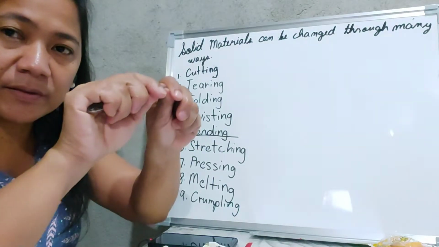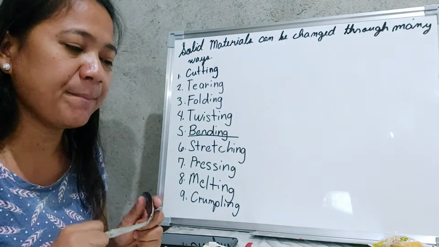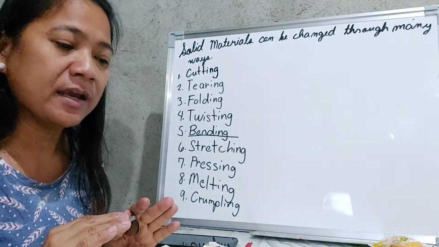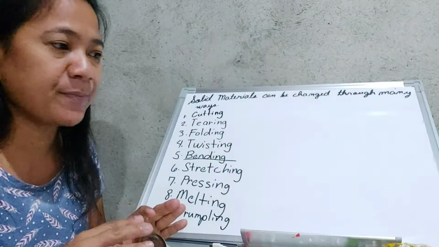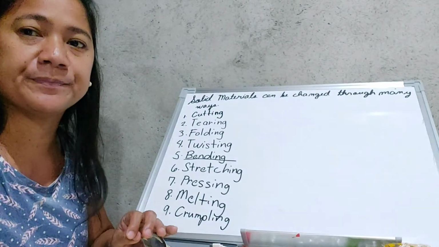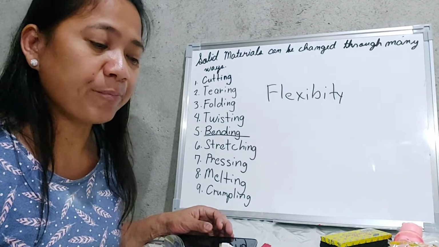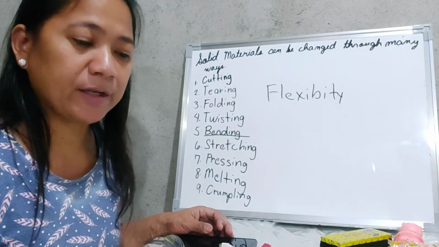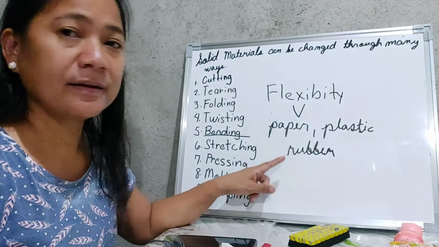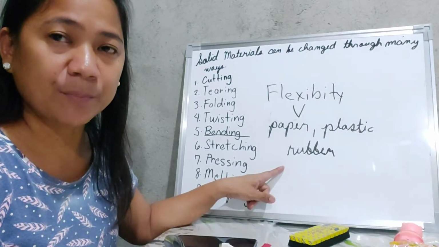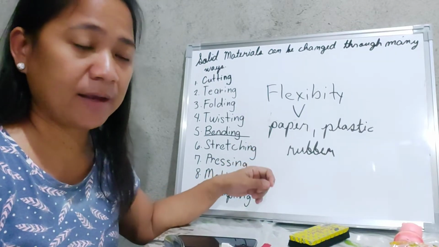An object capable of being bent without breaking or cracking is considered flexible. Flexibility is the ability of a material to be bent without breaking or cracking. Paper, plastic, and rubber are examples of materials that have the flexibility to bend without breaking.